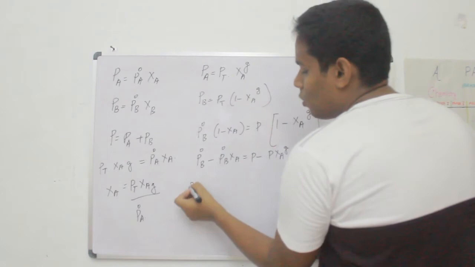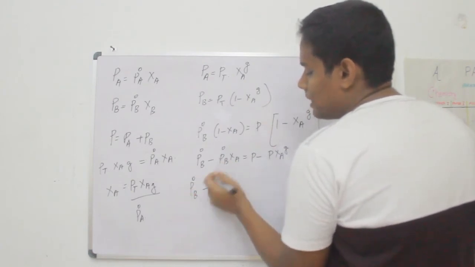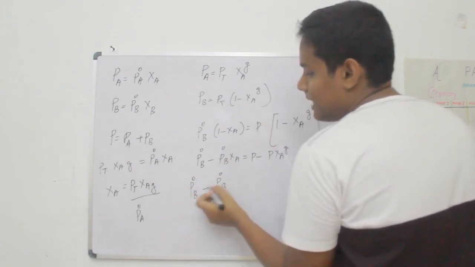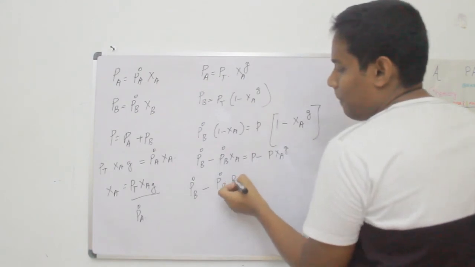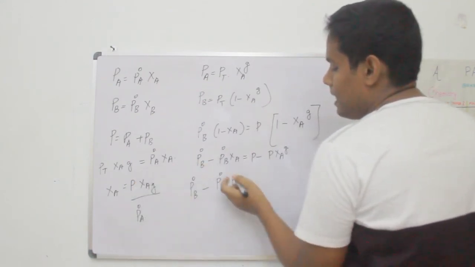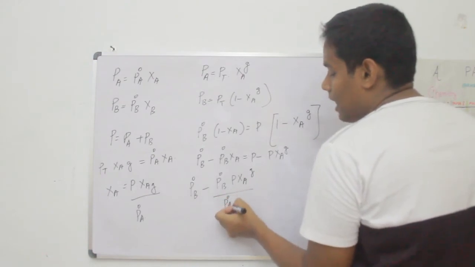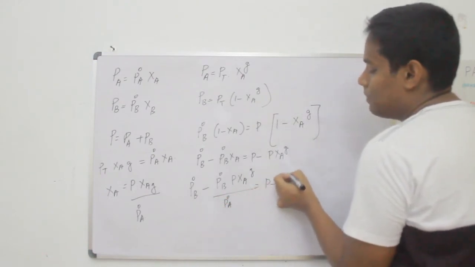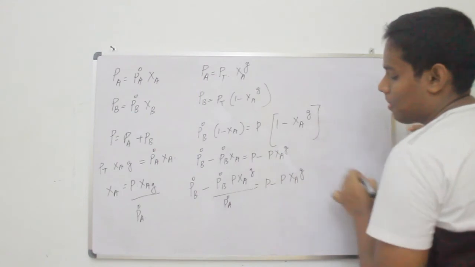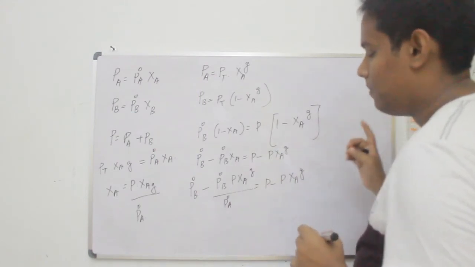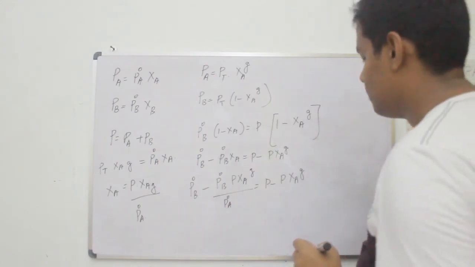So P0 B minus P0 B into XA. Instead of XA, I am going to put P XAG divided by P0 A, equal to P minus P XAG.